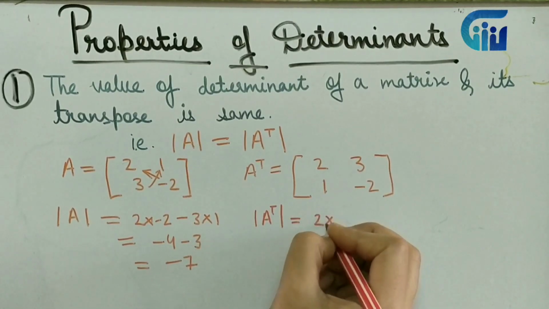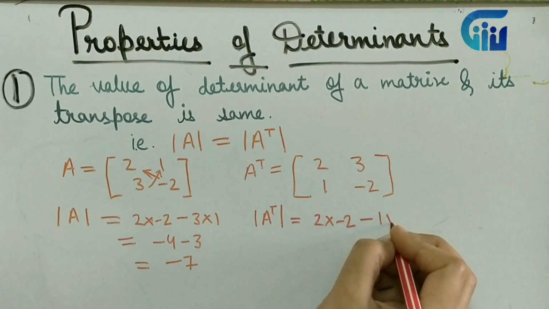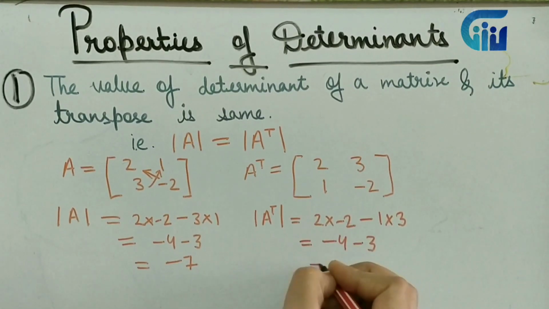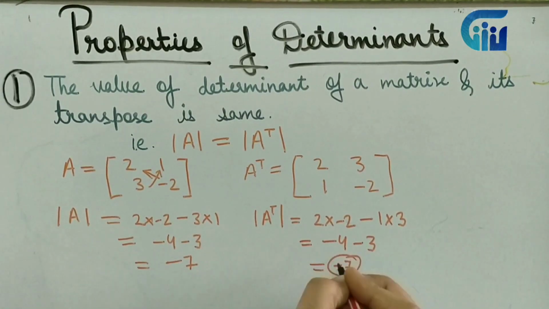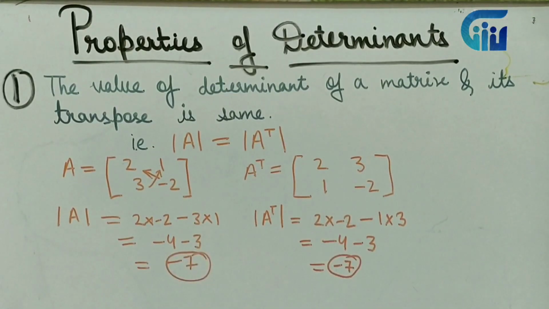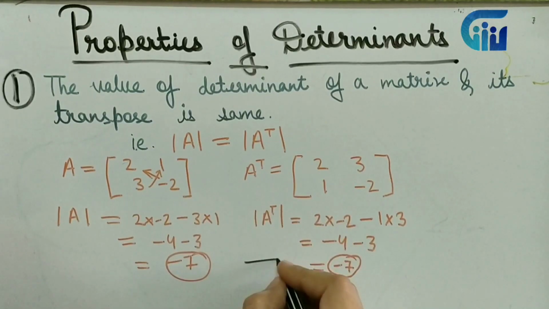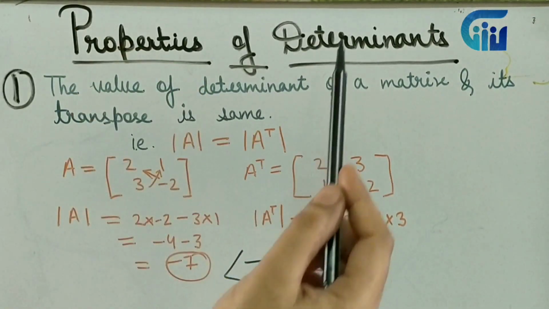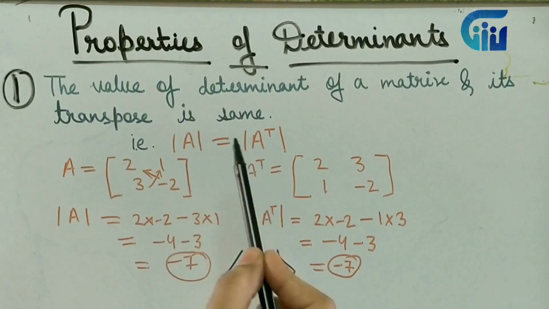It is 2 into minus 2 minus 1 into 3. So it is minus 4 minus 3, again minus 7. So what do we see? Both the values are exactly the same. So this is what is stated in the property, that the value of the determinant of a matrix and its transpose is the same.